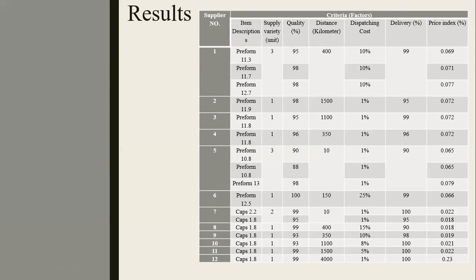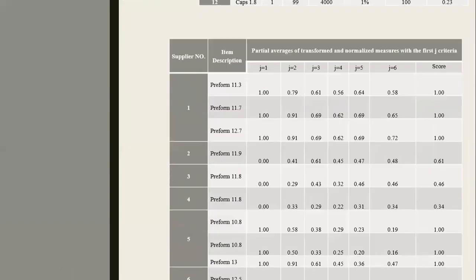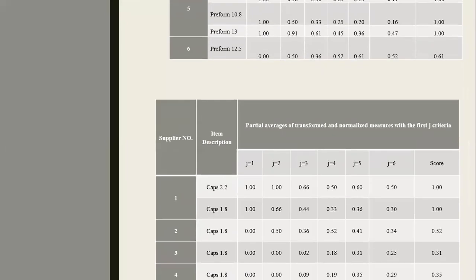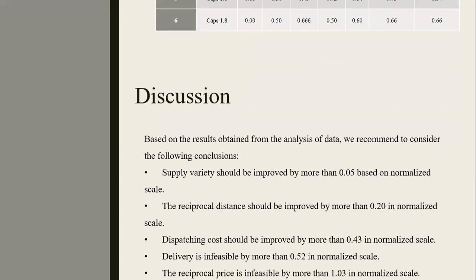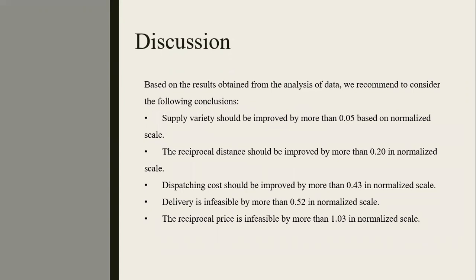Then we can see these 12 suppliers have been divided into 2 groups, with partial averages of transformed and normalized measures, whose values lie between 0 and 1 scale.